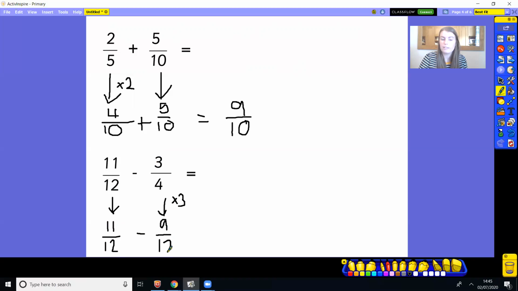So now they both have the same denominator. So 11 subtract 9 equals 2. Denominator stays the same. So 11 twelfths subtract 3/4 changes to 11 twelfths subtract 9 twelfths equals 2 twelfths.